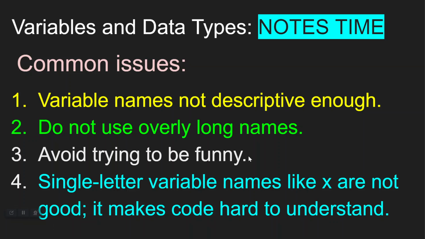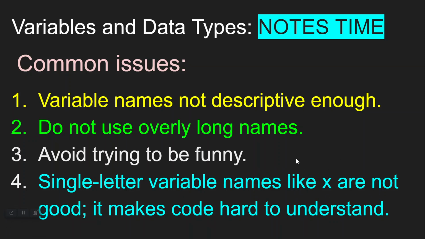Avoid trying to be funny. Some people will think, oh, I get to come up with a variable name, I'm just going to come up with something goofy and silly, which can be fun. Obviously, it can get a laugh, but it's not good practice. And then also single letter variable names, like x, for instance, are also not good. It makes your code really hard to understand.